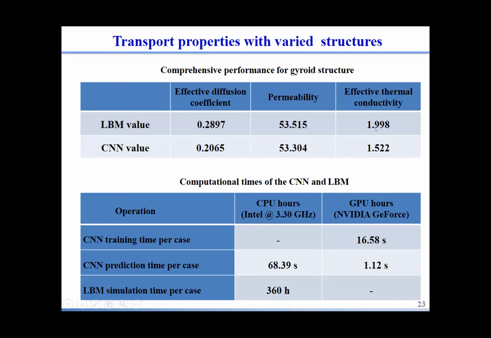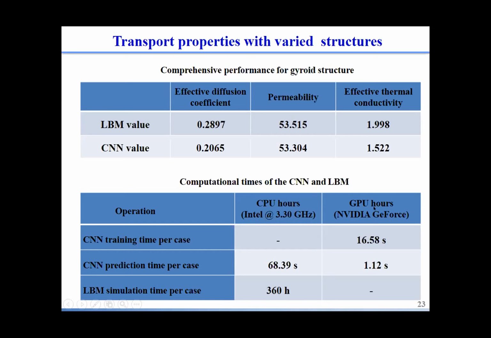Of course, there are some deviations, but these deviations can be accepted from the point of view of engineering. This is the timing result. If we do three-dimensional field simulations, we need 316 hours, maybe half a month, to get one case.